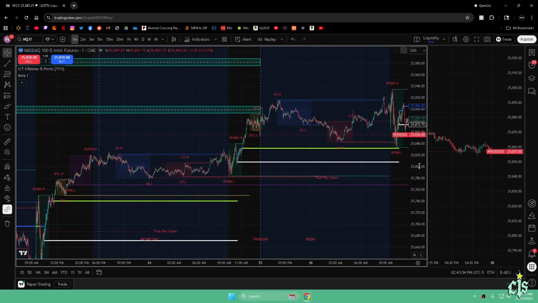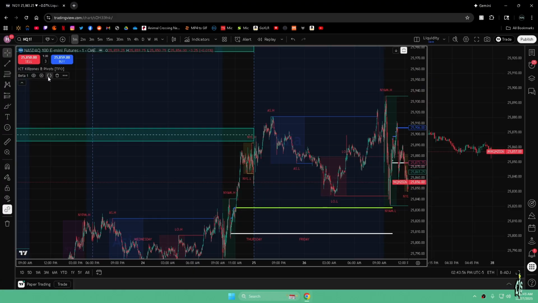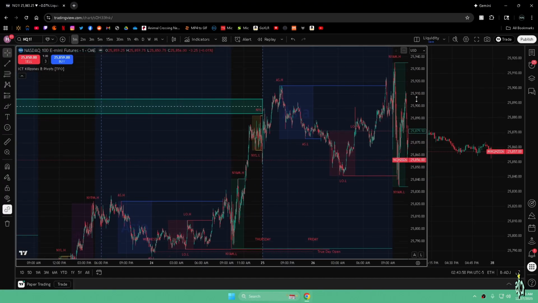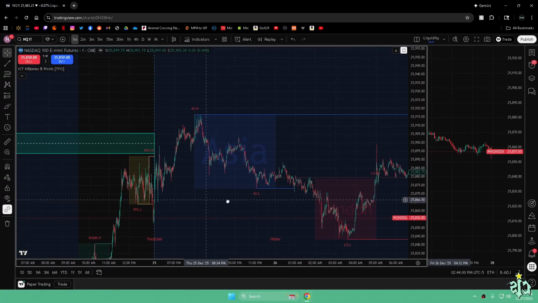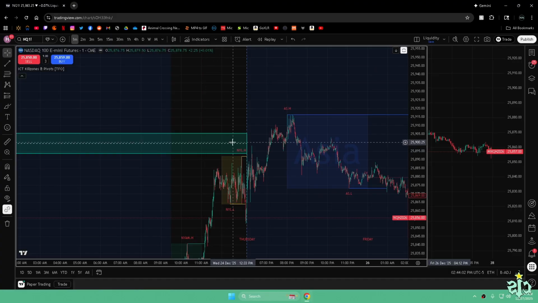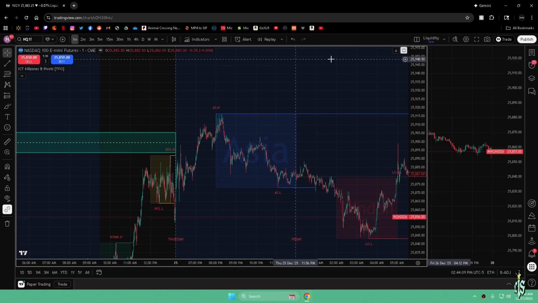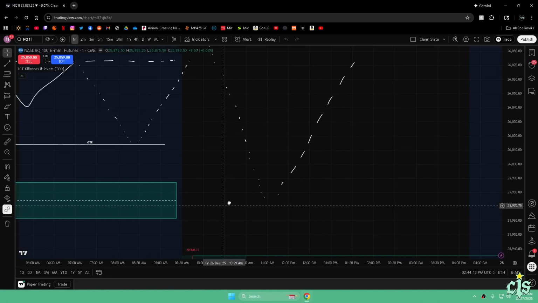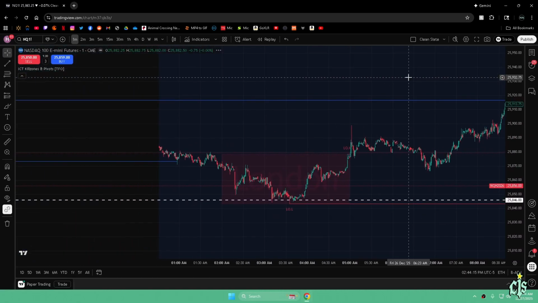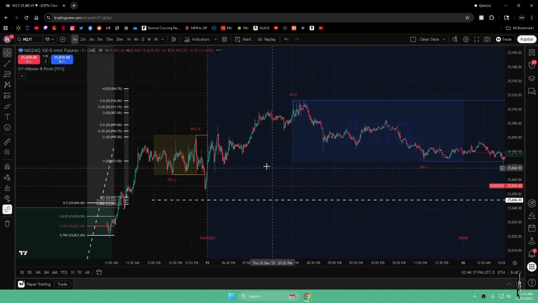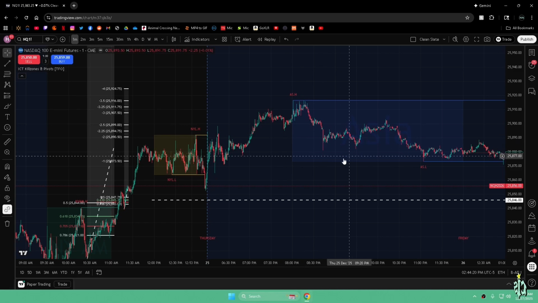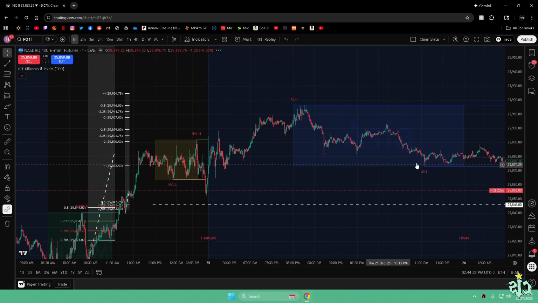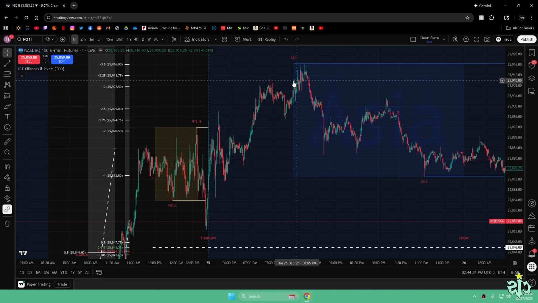So basically, market was taking this whole gap, and then it struggled. So this was our draw on liquidity, this 1 hour gap. Took it. And then we go back. So it took that 1 hour gap with these highs, and then it started consolidating at this zone.